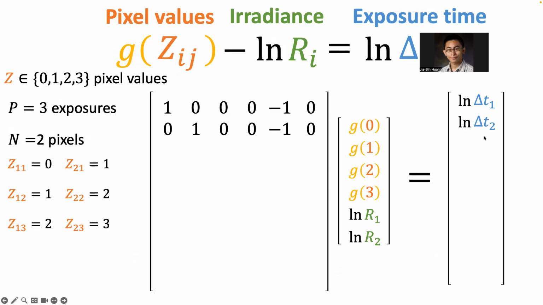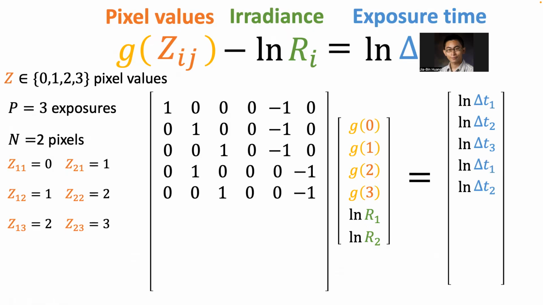The same pixel captured by the third camera, you can write this down. Every equation you can fill into a row. This is the second pixel captured by a different camera, and you can fill that up too. Once you fill this up, you have a linear system of equations, and then you can solve for the unknowns.